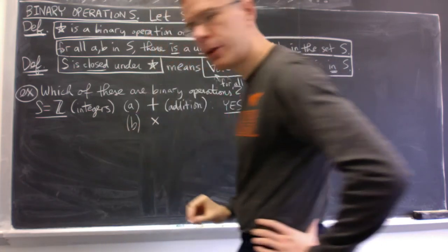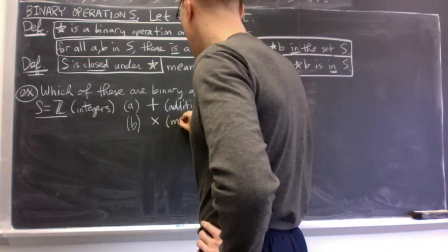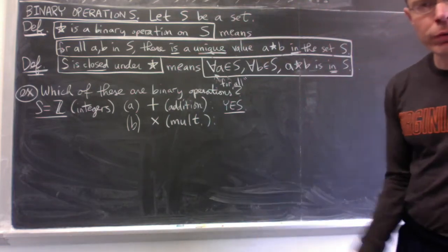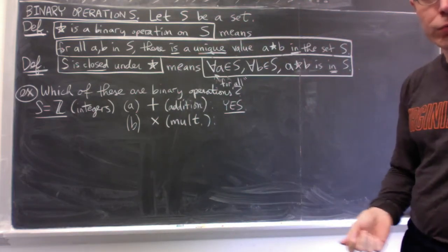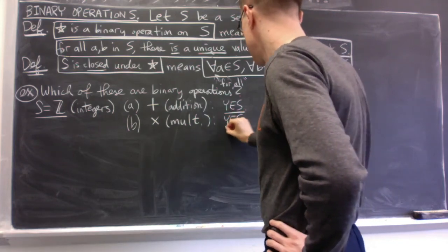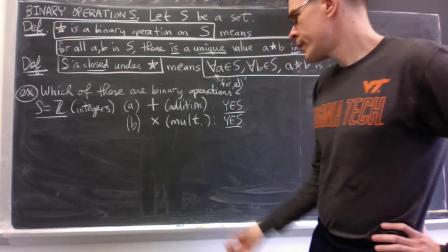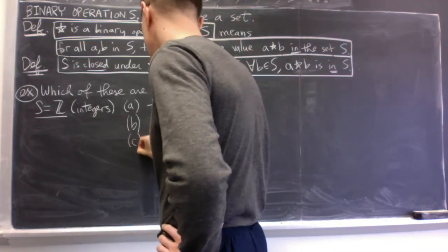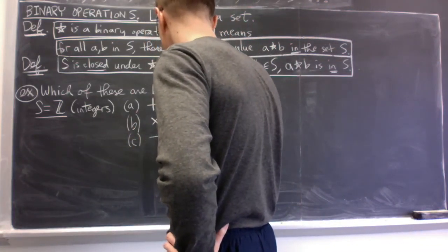Similarly, multiplication on the set of integers. If you give me any two integers, multiply them, you get another unique integer coming out, still in the set, so that's fine. And thinking back to the introduction, subtraction also works on the integers.